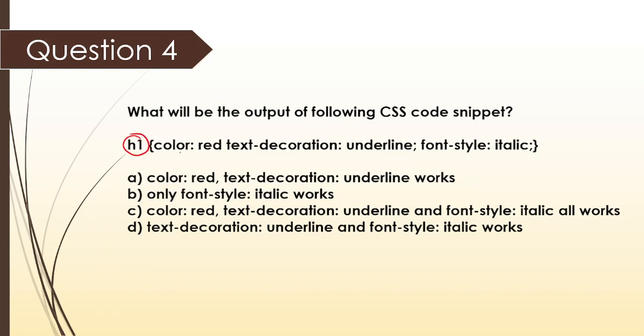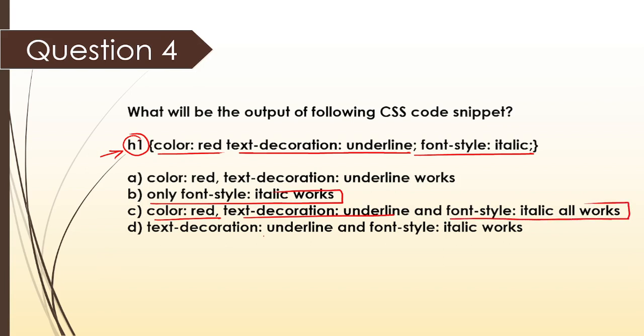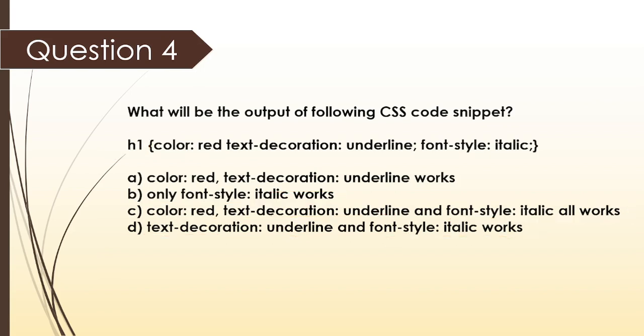That means we are going to give properties to H1: color red, text decoration underline, font style italic. So only font style italic works. Color red, text decoration underline and font style italic all work. Text decoration underline and font style italic work. In this, three properties are given: one is color, another is text decoration and the third one is font style italic. The options ask which of them will actually work.